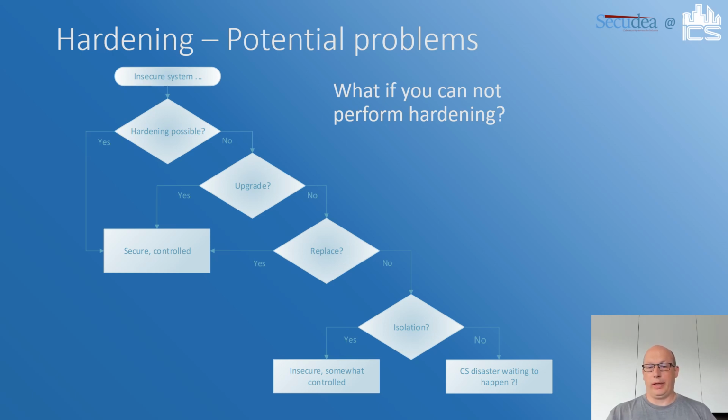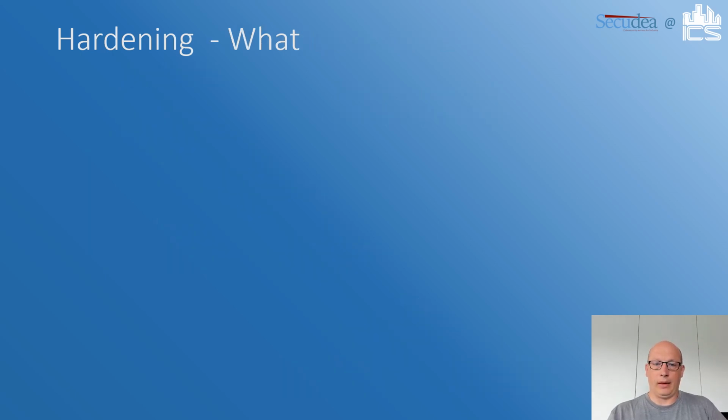If you cannot upgrade, you might want to look at whether you can replace it or not. If you cannot replace it, well, then you have to investigate if you can isolate the system. But if you cannot do any of those, so no hardening, no upgrading, no replacing, no isolation, well, then what could go wrong? Well, a lot of things can go wrong, of course.